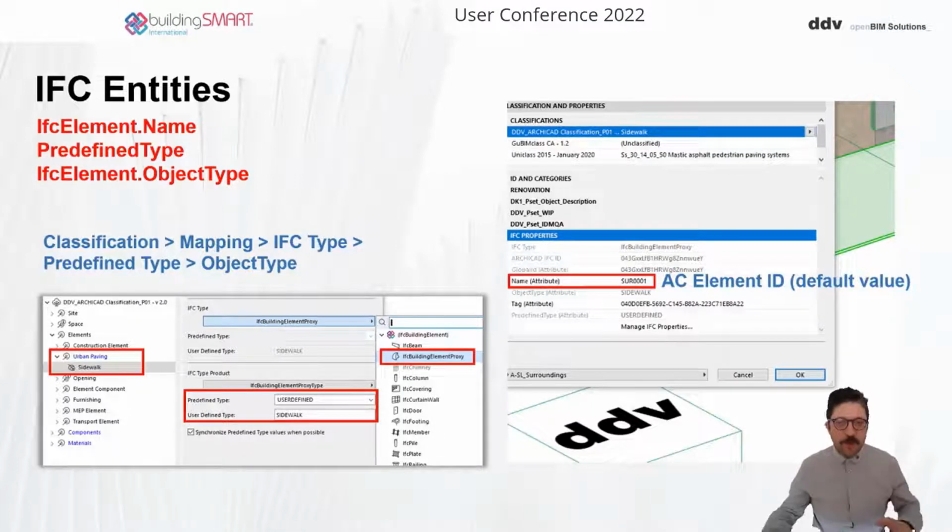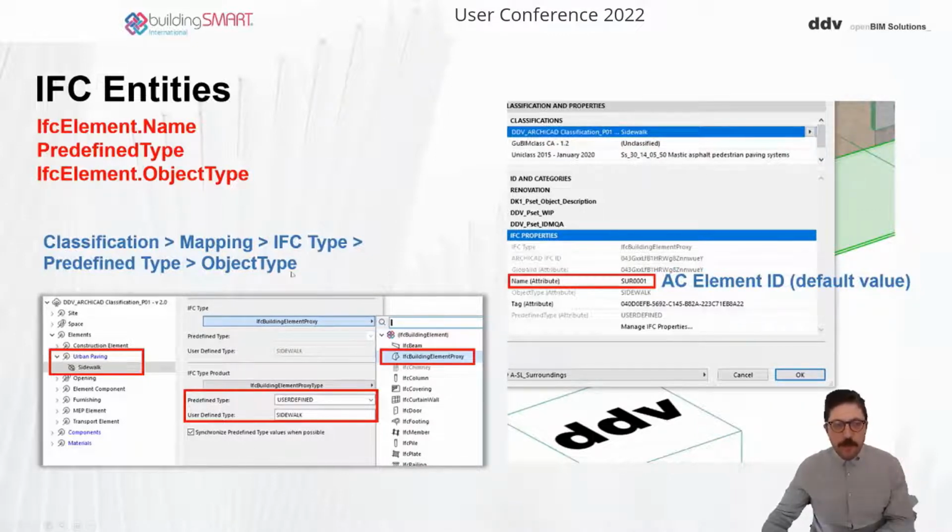So which means that if we are modeling, for example, a sidewalk, we should create a BIM classification item for the sidewalk as an urban paving, and then we would use the classification mapping rule that we can do in ArchiCAD and map those modeled elements to a class.